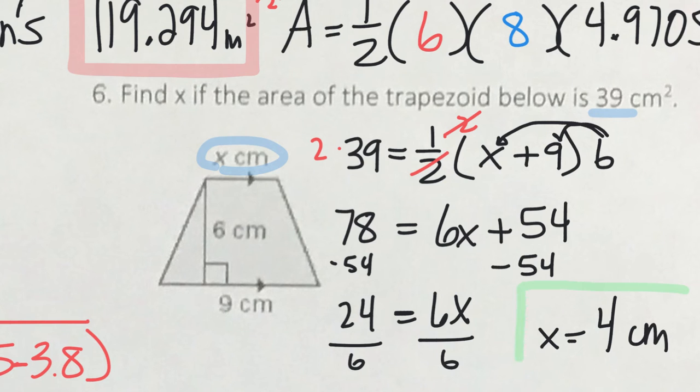Here's a little algebra: we cannot combine the x. This is not 9x. Remember, 9x is 9 times x. This is x plus 9. Those are not like terms, so you cannot combine them into one thing. So leave the plus. The trapezoid formula is the only one that we're adding in. So there's a plus in your trapezoid formula.